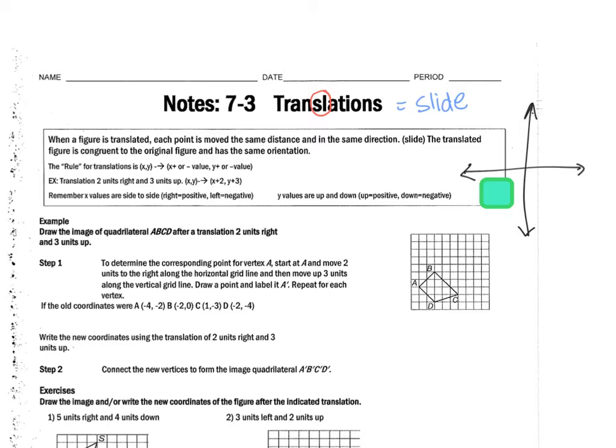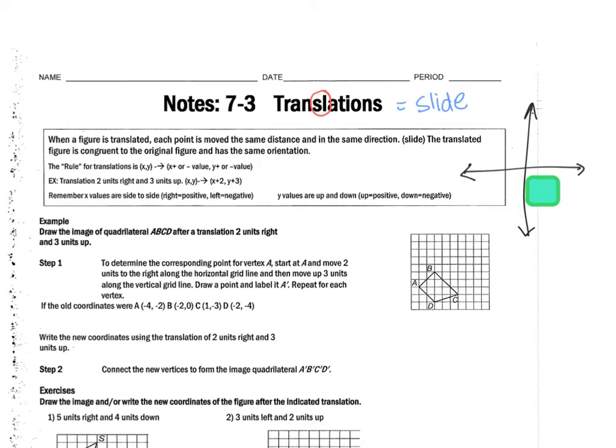That would mean this shape is going to go 2 units up and 3 units to the right. I'm not turning it, it's just sliding across the coordinate plane. So it's going up and to the right. Not turning it, not flipping it, not doing anything else, just sliding it.